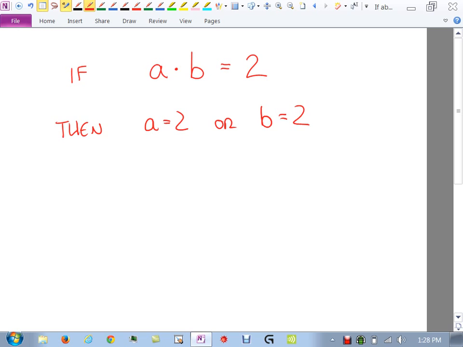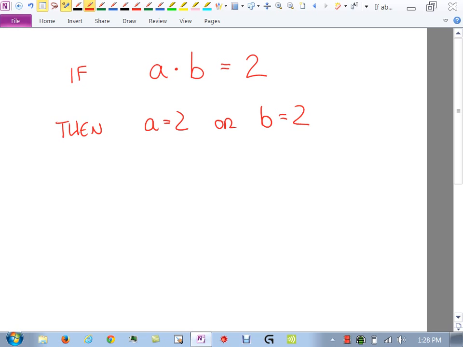Is it possible that A or B could be 2? It's possible, right? Like if I said A was 2 and B was 1, it would work, wouldn't it? But the zero factor property guarantees us that one of these has to be, right?